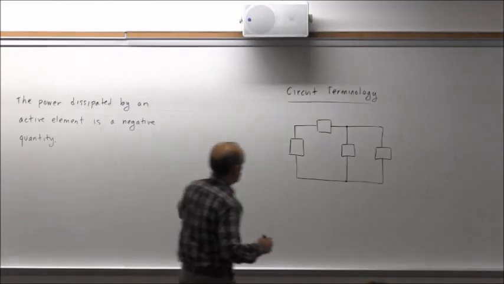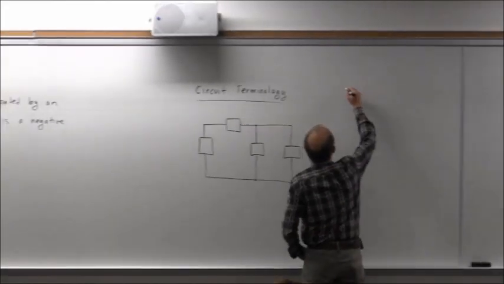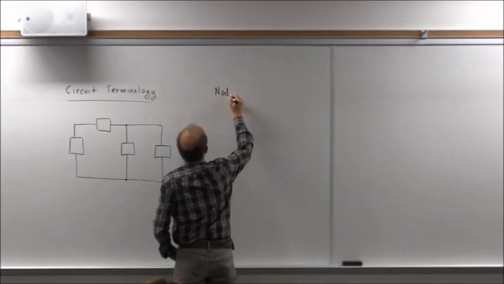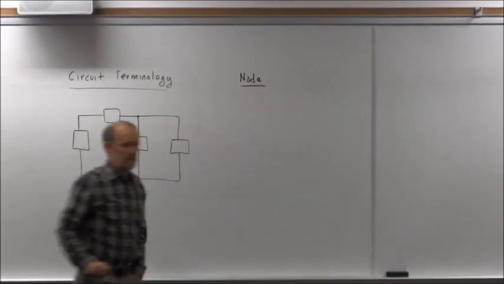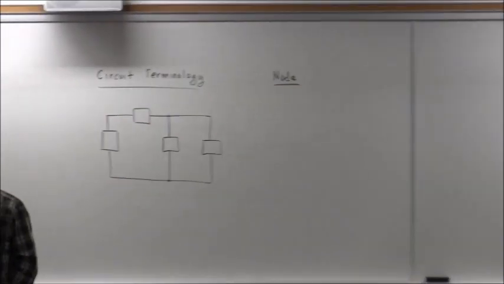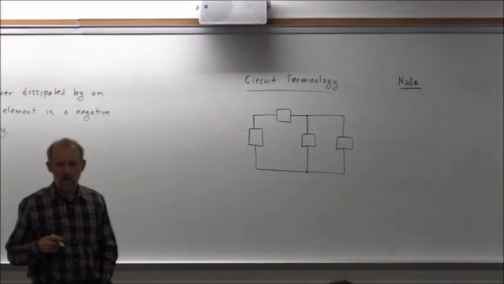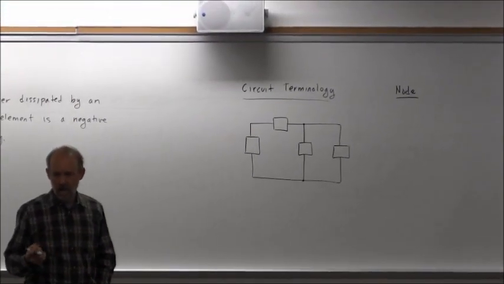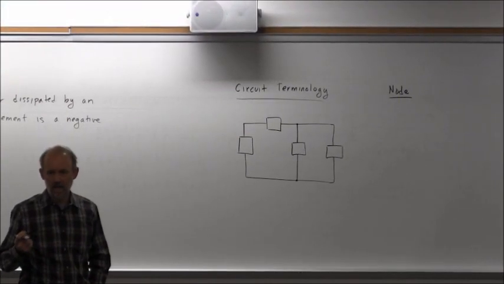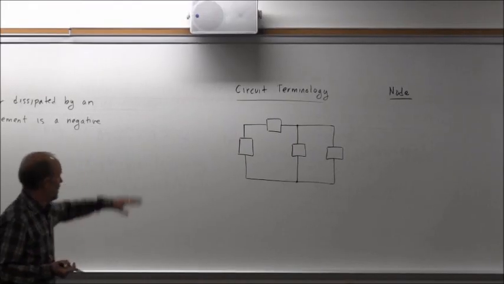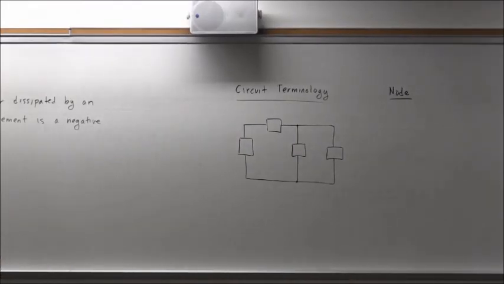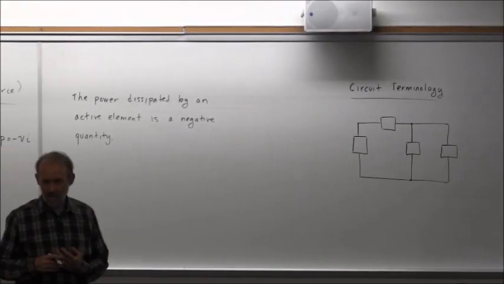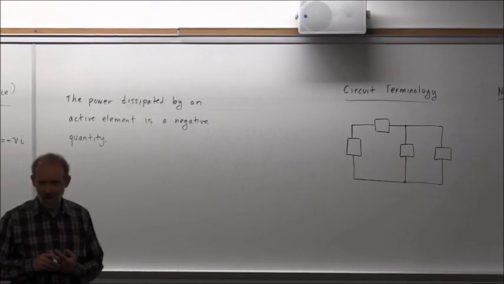So here's a simple circuit. A little later on in the course, we're going to develop what's called the node voltage method. It's by far the most powerful circuit analysis technique that we'll ever present. So you better know what a node is, otherwise you're going to be right off the start having trouble with the node method.